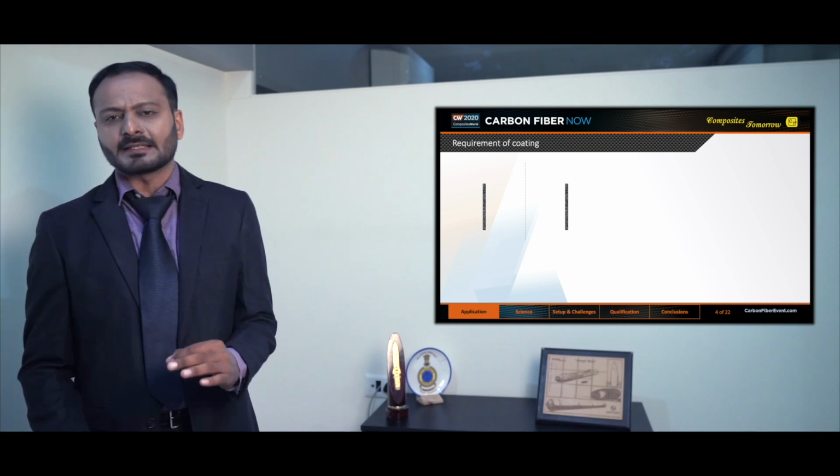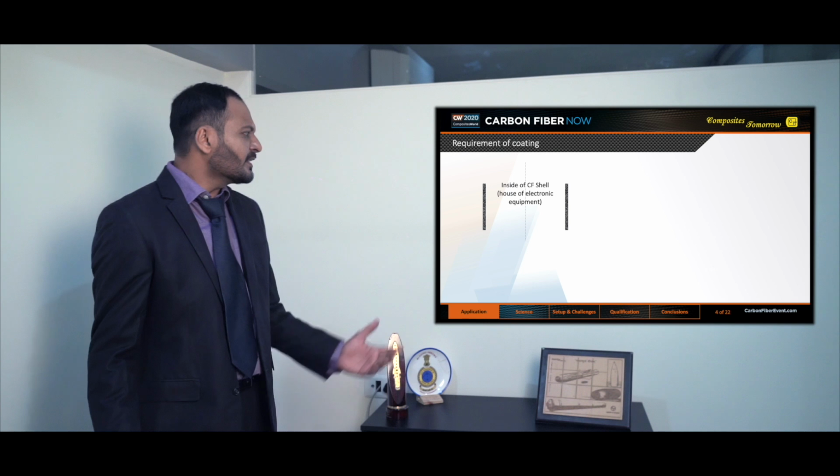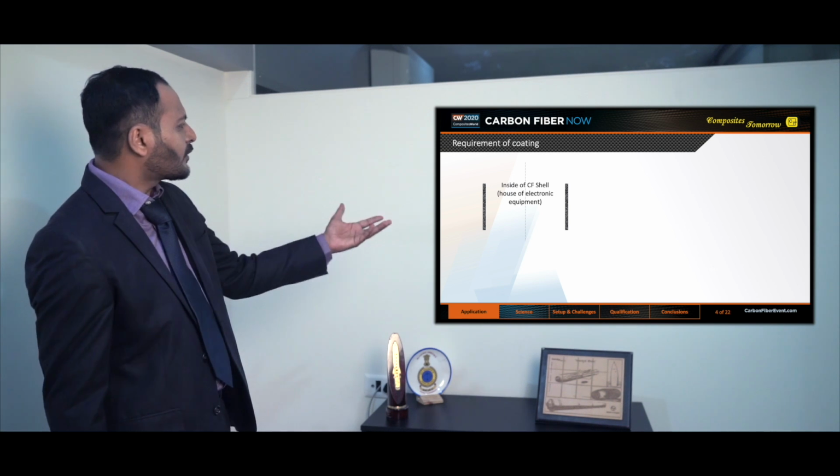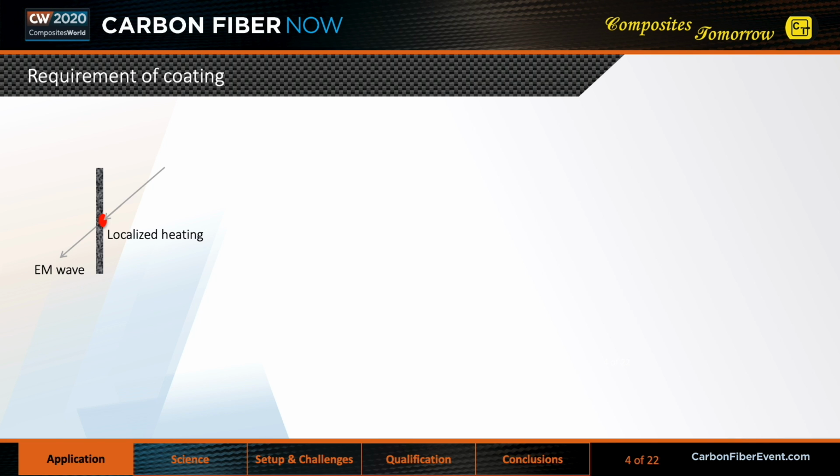Let's take a case so that we can understand this in a better detail. We in this case would like to coat a shell, a carbon fiber shell, such that if there is an incident radiation, there would be a localized heating, and it will also be a source of electromagnetic signal.